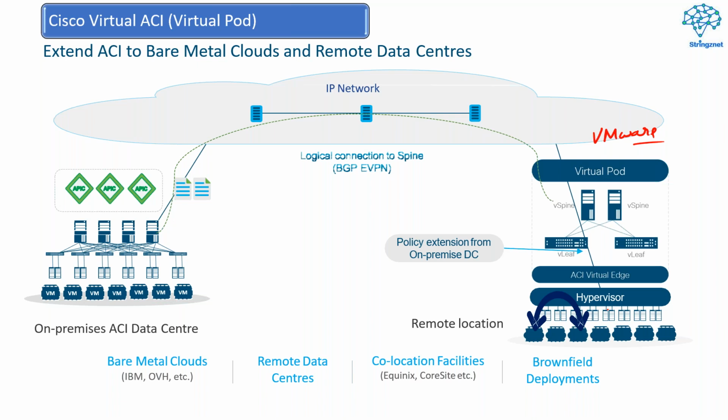Virtual pod means wherein you have the entire NSX going on, then the ACI fabric is qualified enough to connect to the virtual pod as well. Right, so I'm just trying to tell you that our ACI is extremely flexible and scalable.